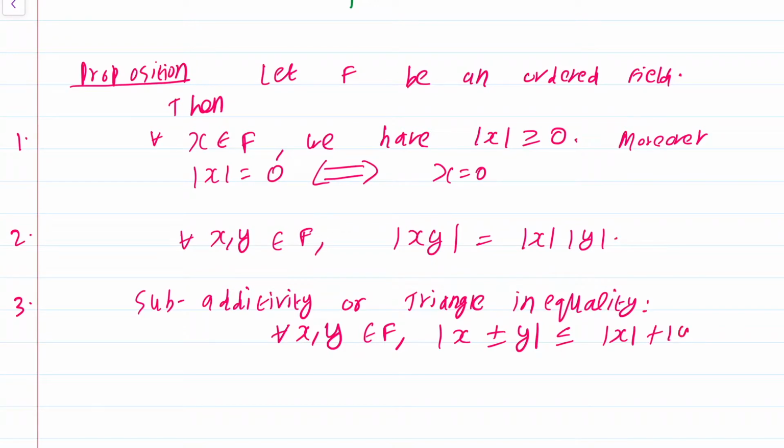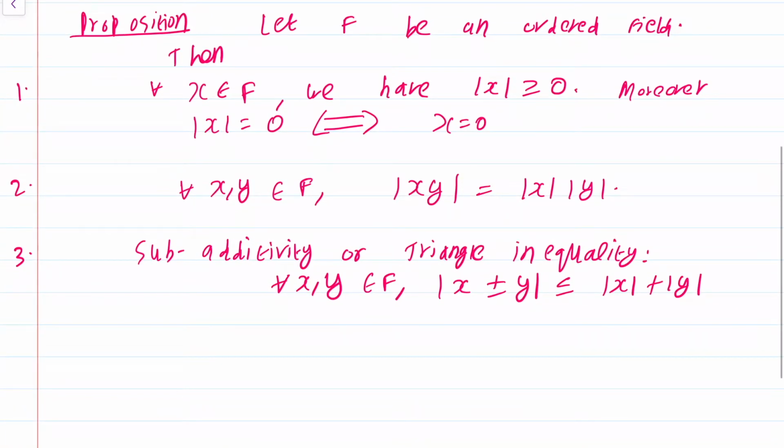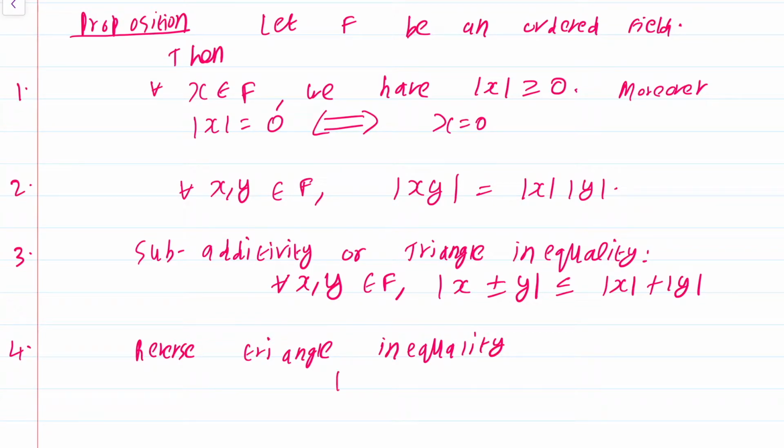Okay, so this is actually two inequalities that I have condensed into one inequality by using the plus or minus sign. Fourth is called the reverse triangle inequality. The reverse triangle inequality says the following. It says mod x plus or minus y is greater than or equal to mod x minus mod y.